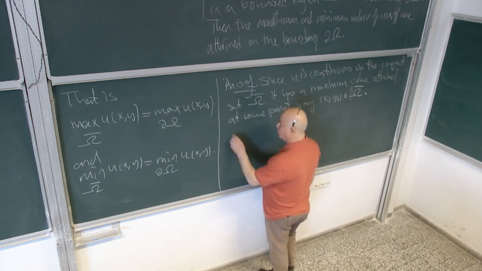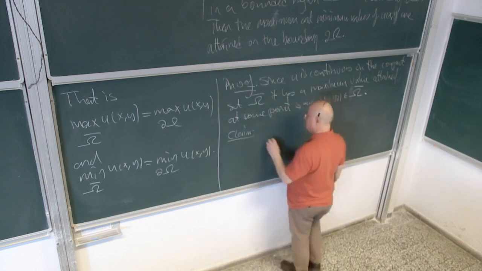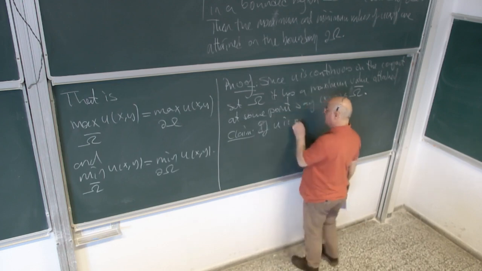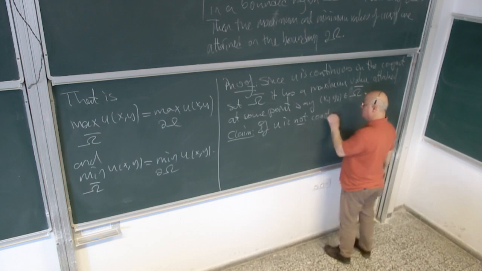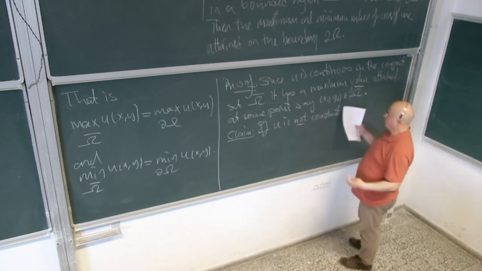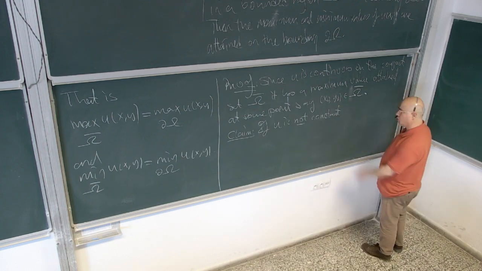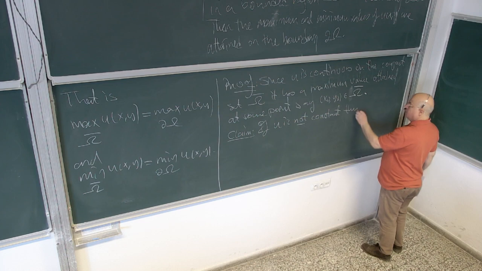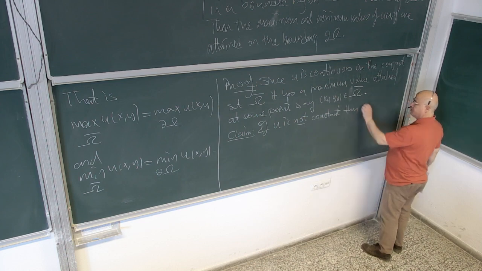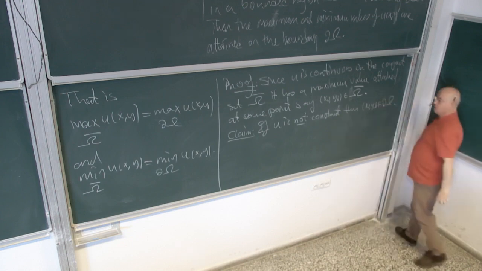Şunu iddia ediyorum. If u is not constant, o zaman tabii ki her noktada aynı değeri aldığı için, değil mi? Maksimumu her noktada almış oluyor. Then bu x0 y0 noktası boundary'de olmalı.